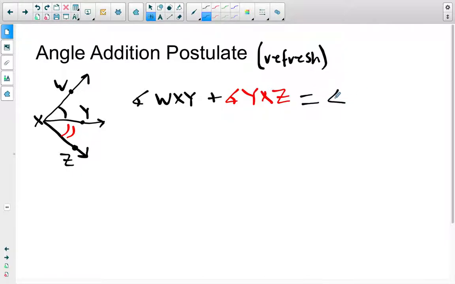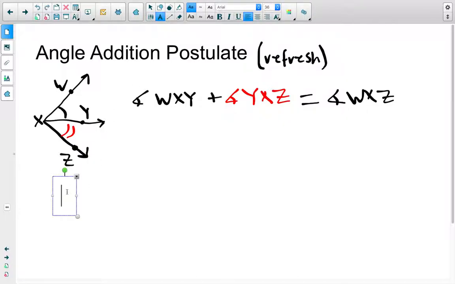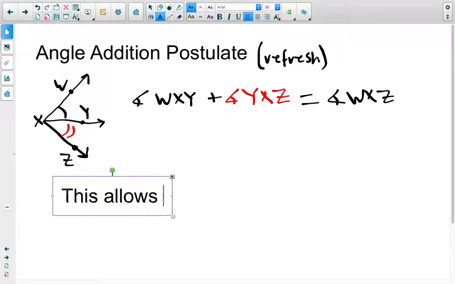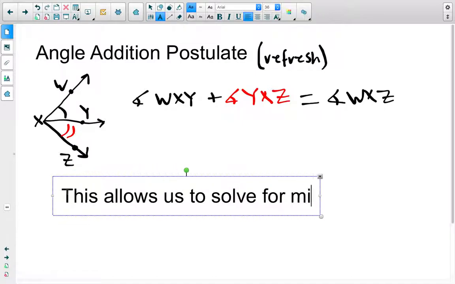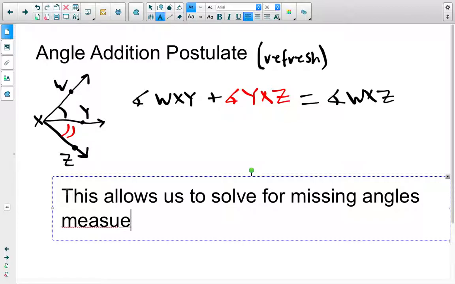So this would be my whole angle, which is WXZ. The main reason we use this is that it allows us to solve for missing angle measures.